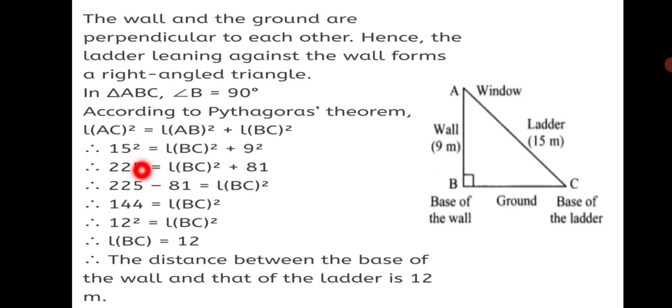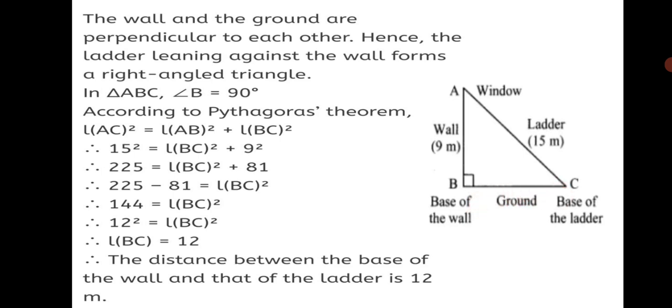Now subtract 81 on the other side to leave length BC square alone on one side. 225 minus 81, 144, is equal to length BC square. 144 is the square of 12. So we can write that length BC is equal to 12. Therefore, the distance between the base of the wall and that of the ladder is 12 meter.